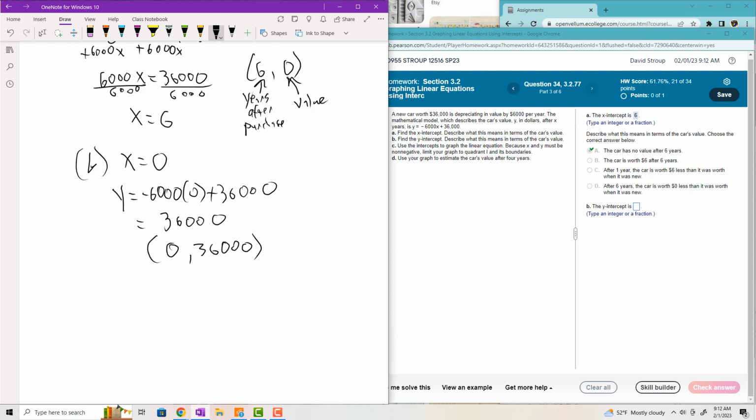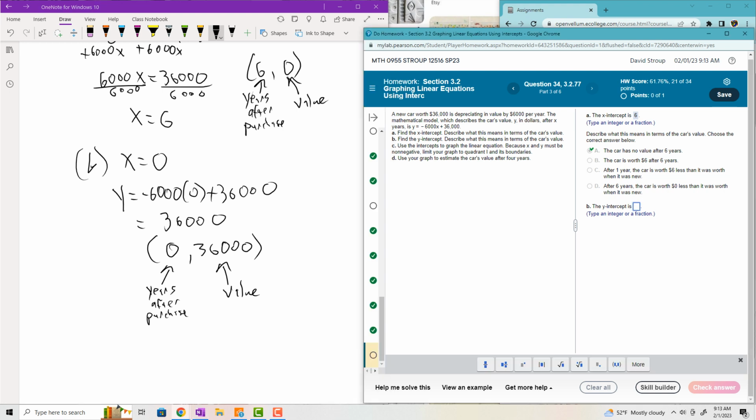And what does that mean? That means 0 years after you buy it, it's worth 36,000, right? Which is basically just how much you bought the car for. So again, this is years after purchase, and this is the value.